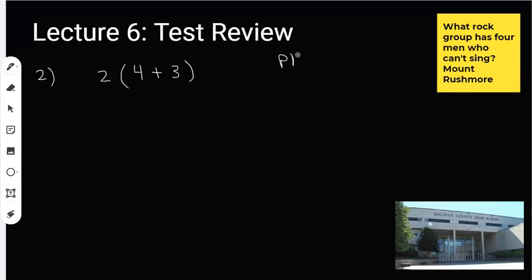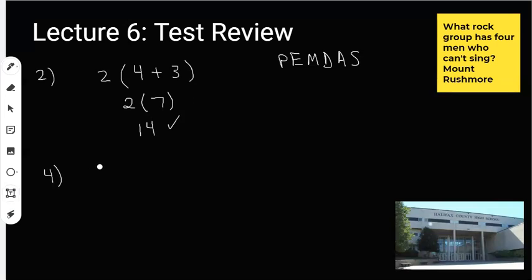We're going to start with parentheses, move on to exponents, and then do multiplication and division and addition and subtraction after that. Starting off with parentheses, I have 4 plus 3 inside parentheses, so I'm going to do that first. 4 plus 3 is 7. I'm going to keep that in parentheses, and then multiply the 2 by the 7 to get 14. So that's our first answer.